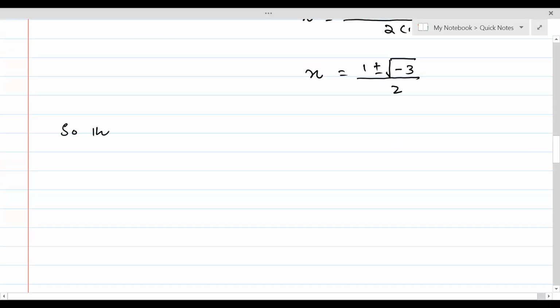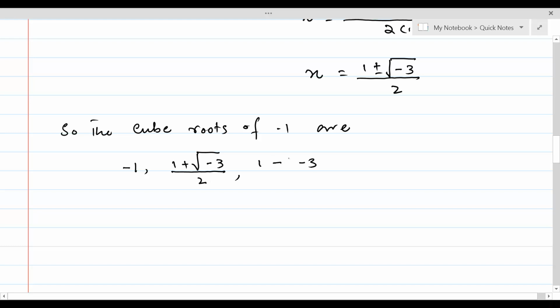So the cube roots of -1 are -1, 1 plus square root of -3 divided by 2, and 1 minus square root of -3 divided by 2.